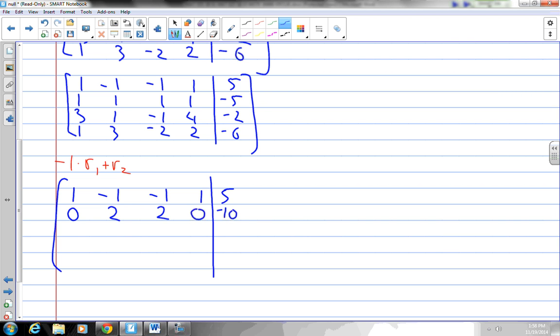At the same time, we're going to take -3 times row 1 plus row 3 to kill the leading term in the third row, so that's 0.